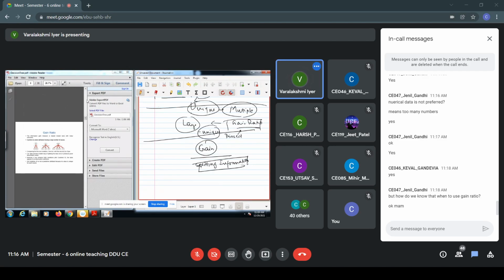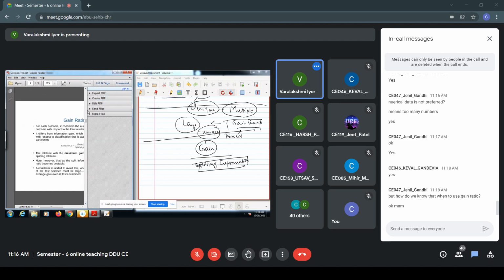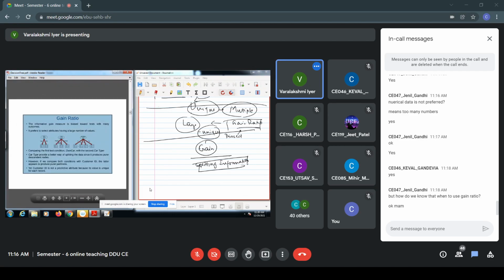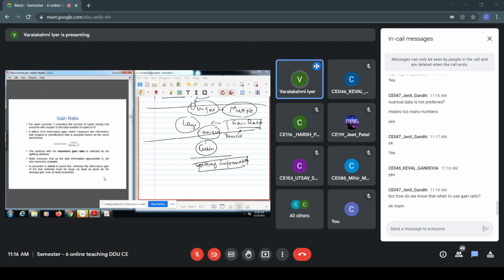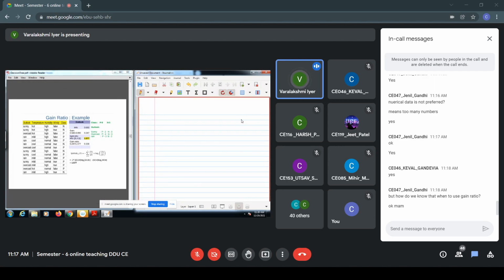Just a minute, I'll increase the slide. Okay, so the splitting information is the information that you get from a particular attribute.